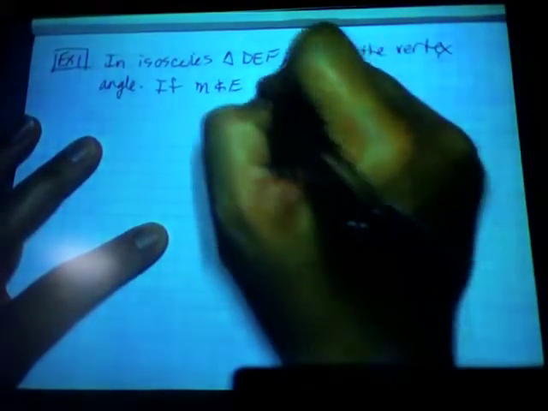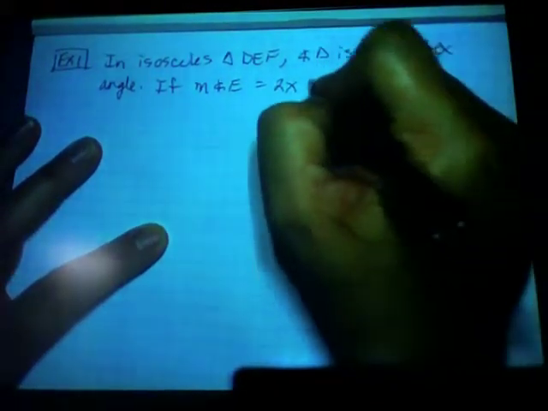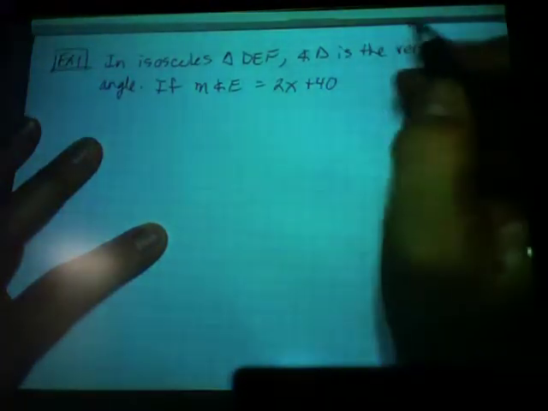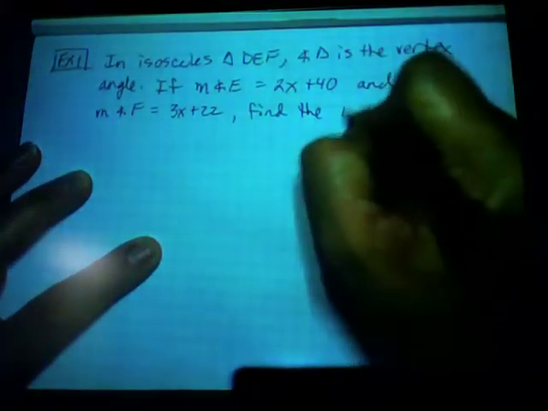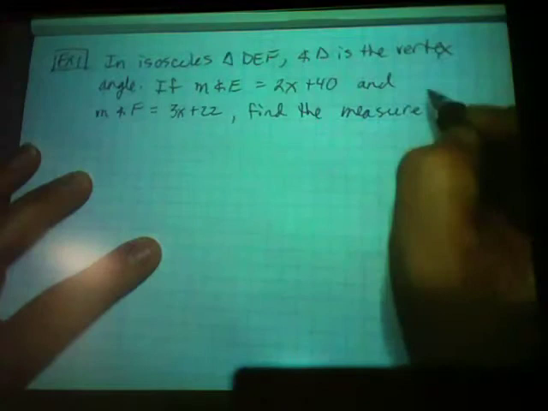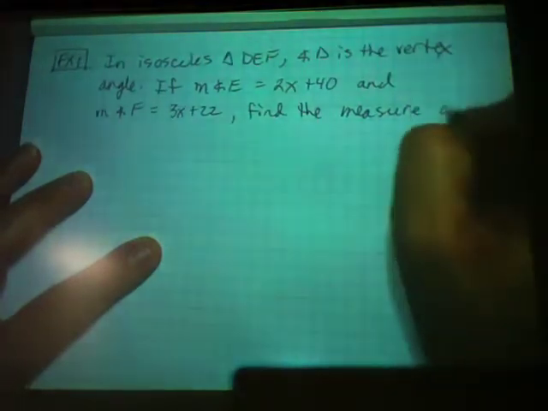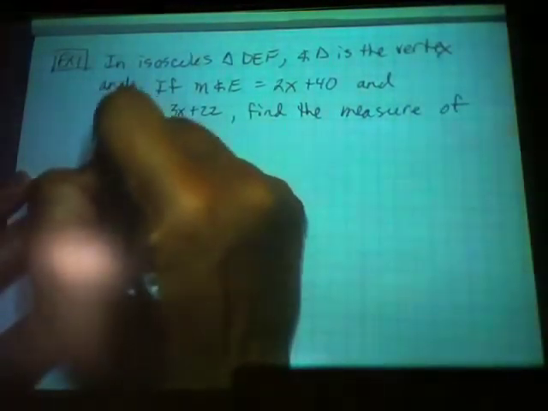If the measure of angle E equals 2x plus 40, and the measure of angle F is equal to 3x plus 22, find the measure of each angle of the triangle.